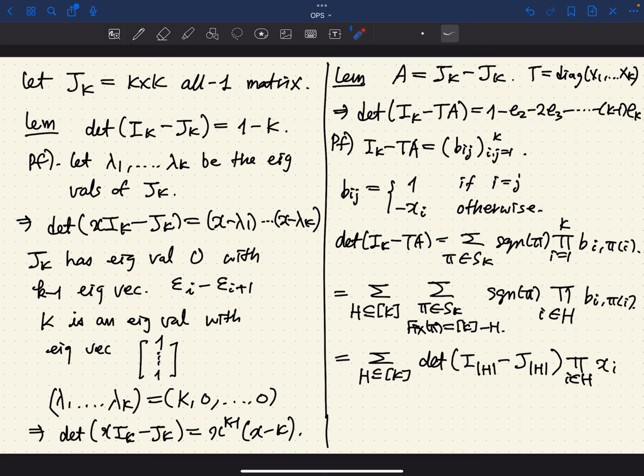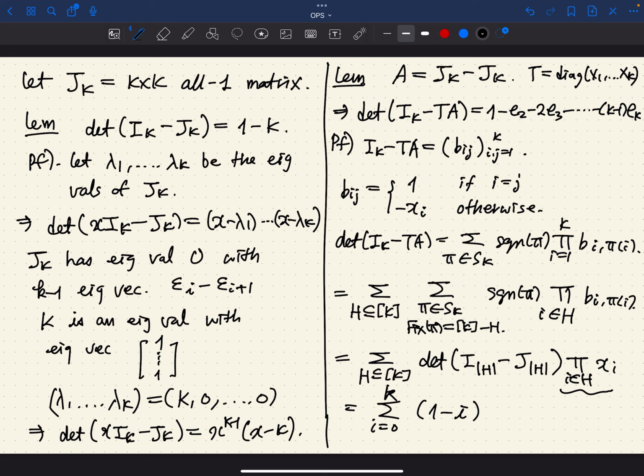Then we are done, because if you look at this, it is exactly 1 minus k. k was not a good choice here, but yeah. Let's say I is from 0 to k. So this part becomes the size of H is I, so this is now 1 minus I, and you consider all possible subsets of k of size I, and then you multiply this.